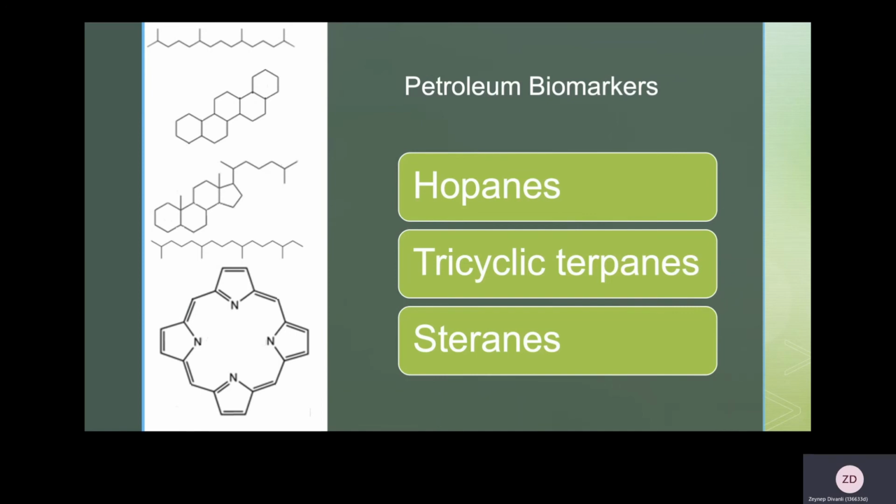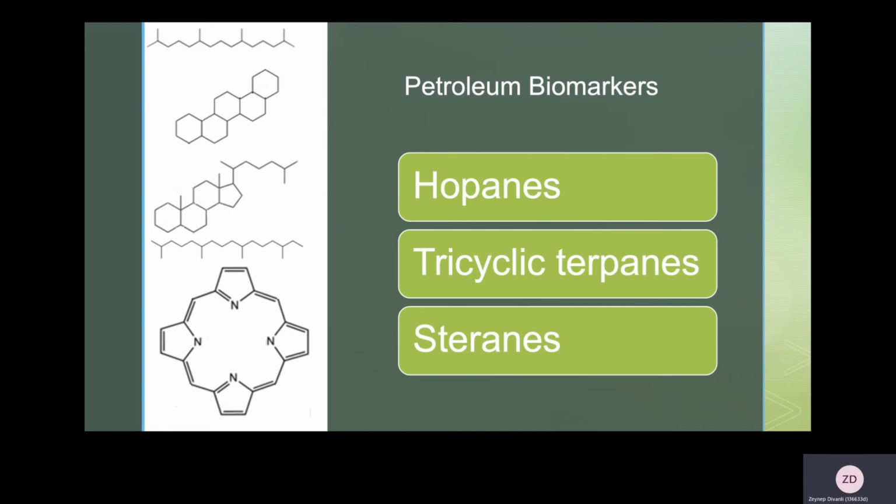Because I'm mostly focusing on the geochemistry and environmental studies aspect of biomarker tracers rather than other forms, I want to talk a bit about petroleum biomarkers because they're important in my presentation.